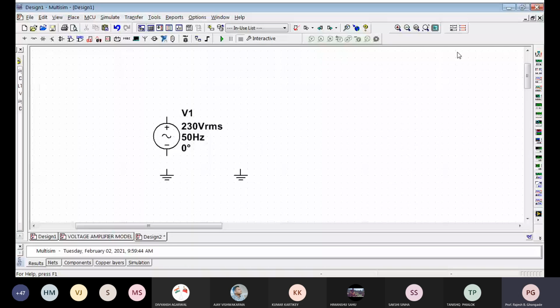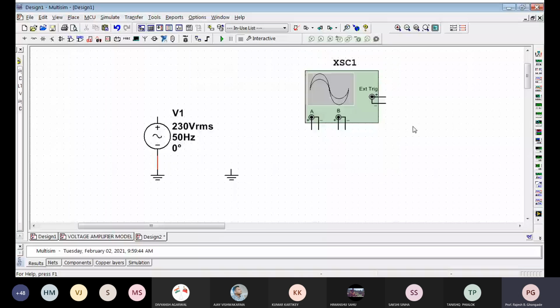Now, if I want to check the waveforms, there is a panel here with a lot of tool icons, and of that we select the oscilloscope, for example. By default it is a 2-channel oscilloscope. You don't have to bother about the external trigger unless and until the application demands it.